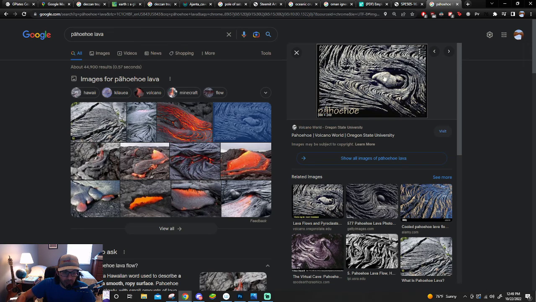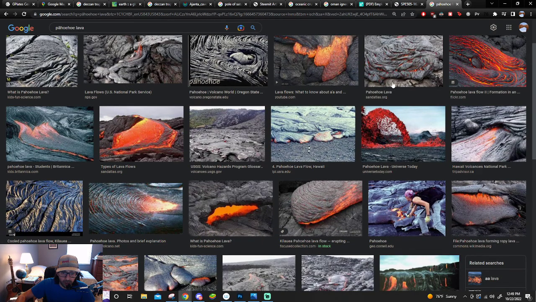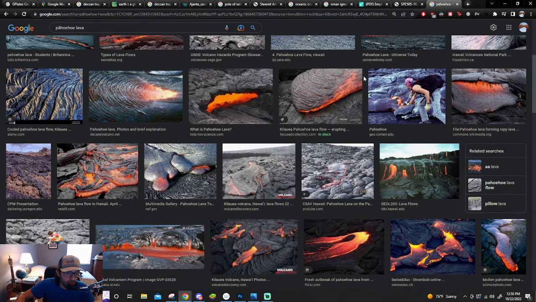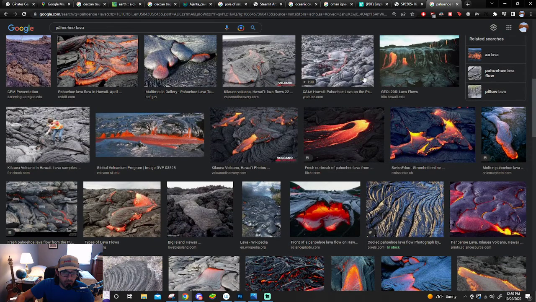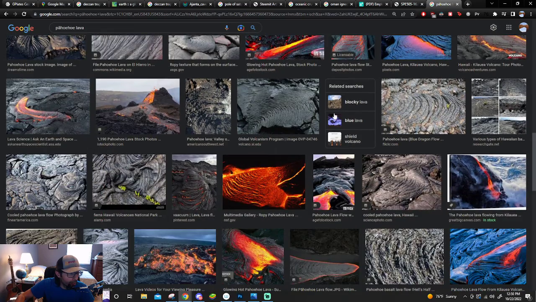Wow, I bet Pahoehoe lava flows are really revealing to how the Earth actually functions. It's pretty much like this, cutting through, but just vast quantities.